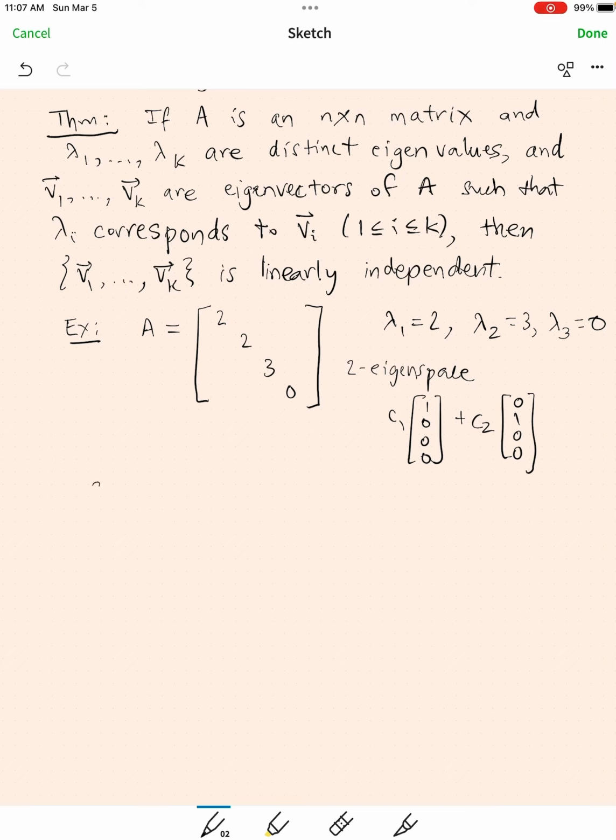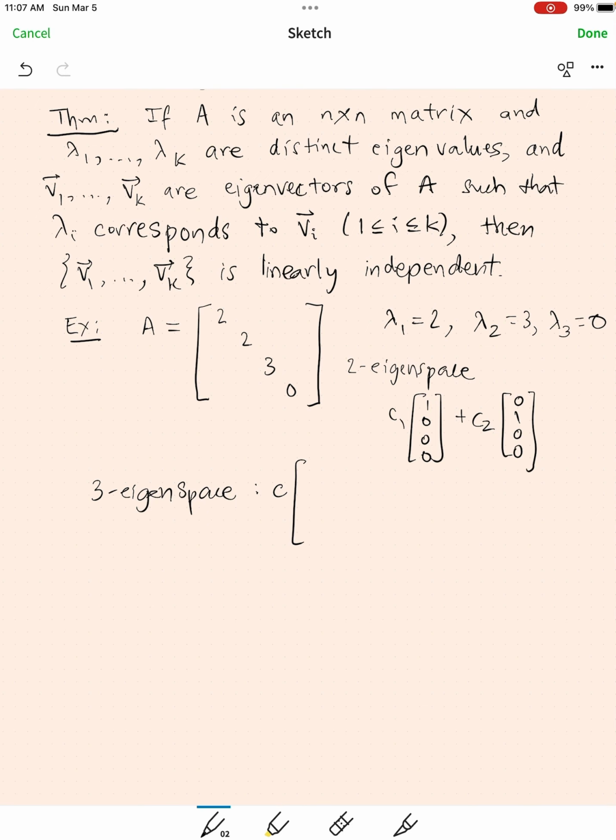And the 3 eigenspace is all constant multiples of what vector? 0, 0, 1, 0. Okay.